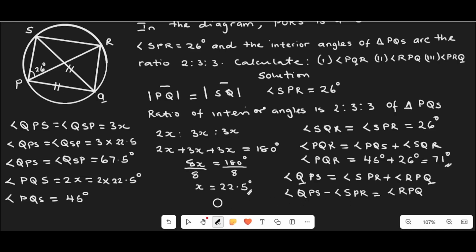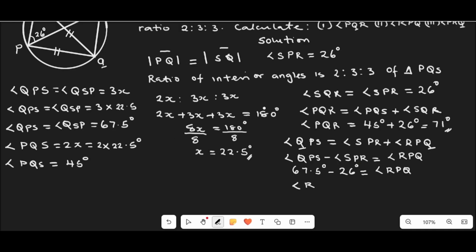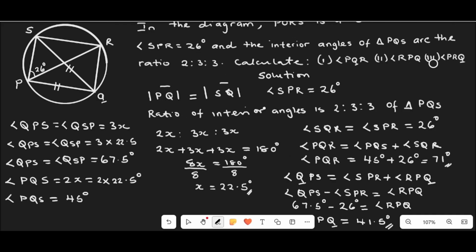Angle QPS is 67.5 degrees, minus angle SPR, which is 26 degrees, equals angle RPQ. Angle RPQ equals 41.5 degrees.